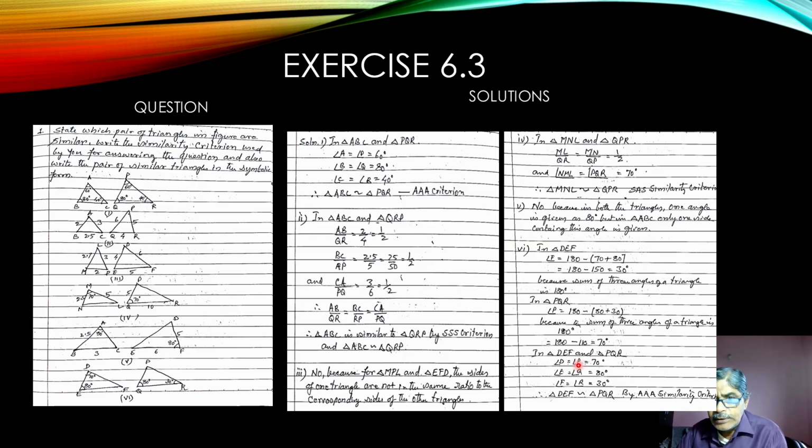So in triangle DEF and triangle PQR, angle D is equal to angle P, angle E is equal to angle Q, angle F is equal to angle R. Therefore, 70, 80, and 30. Therefore, triangle DEF is similar to triangle PQR by AAA criteria. That is the angle criteria.